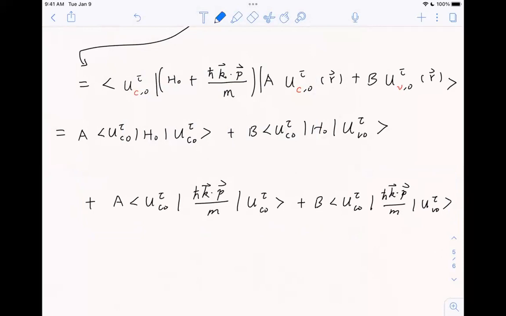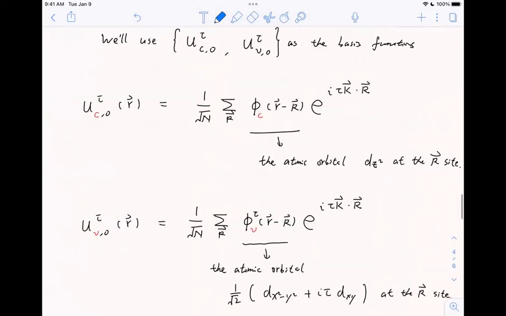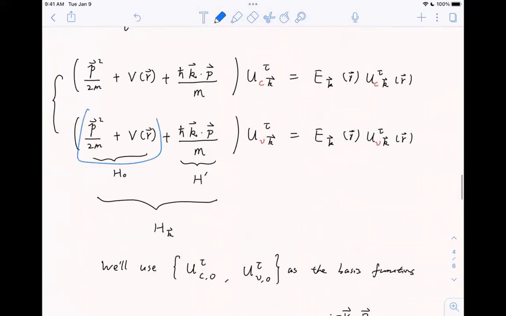First, this term, what is this? This is the original Hamiltonian at the K point, because this is the case when K is 0.